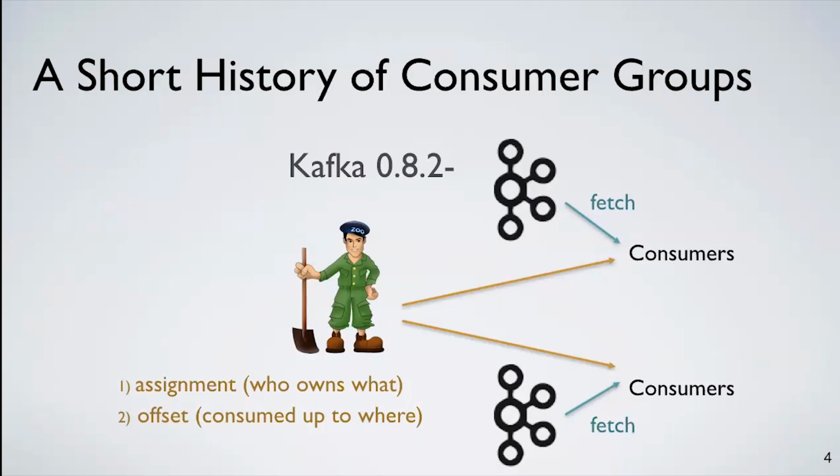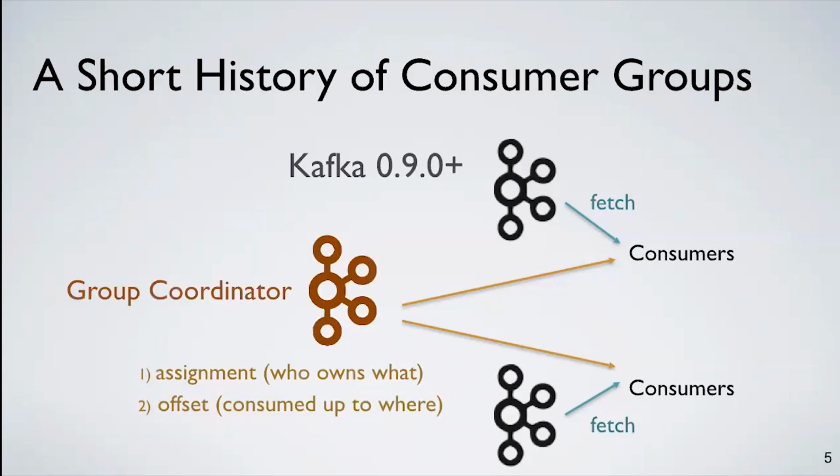into Zookeeper. And in Kafka 0.9, we removed this Zookeeper dependency and moved this information into the broker itself. To be more specific, we added a new module called the group coordinator on the broker side, where all the members of the same group interact with the same coordinator to determine the assignment from the partitions to the members, as well as reading and storing the offsets to the group coordinator.